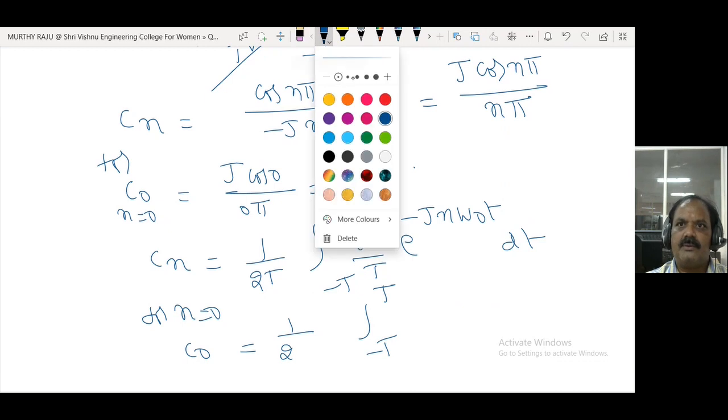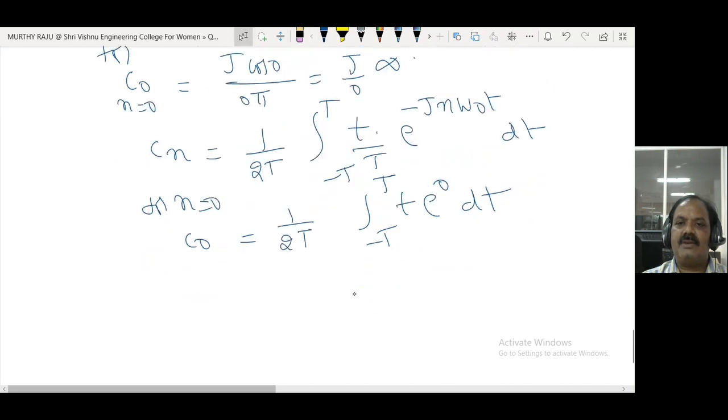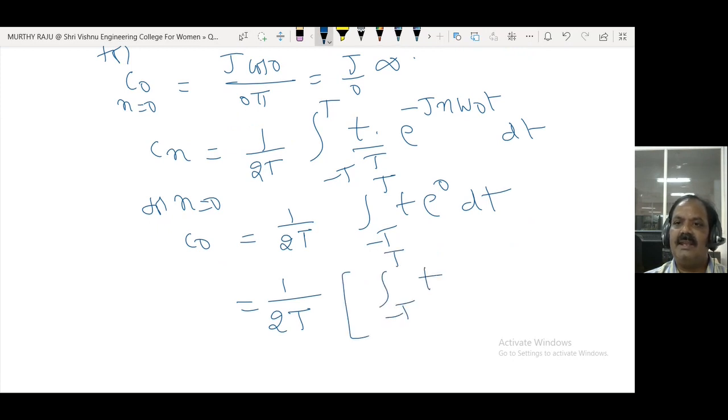Here also 1 by 2T. n is equal to 0 means e power 0 t dt. That is equal to 1 by 2T integral minus T to T dt.